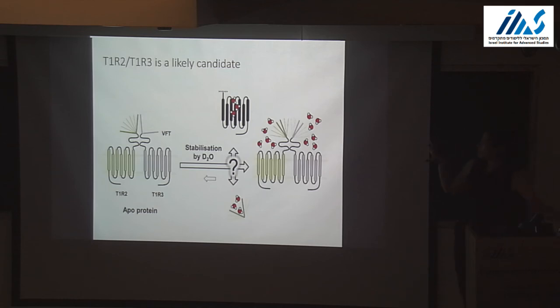But maybe when D2O comes in, there is a network of stronger bonds that is created there that leads to activation, somehow maybe related to the way that cyclamate does it in the TM 3 in the transmembrane domain of T1R3.